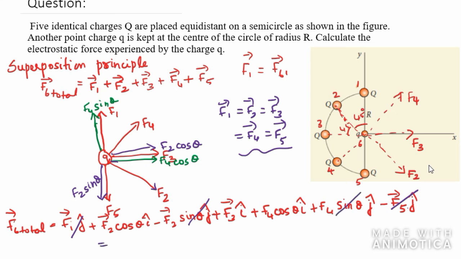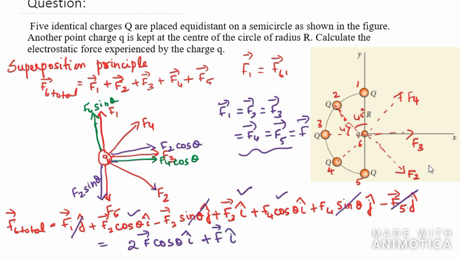The remaining, taking the magnitude as F, is 2F cos theta I cap from these two, plus F3, which is also F I cap.